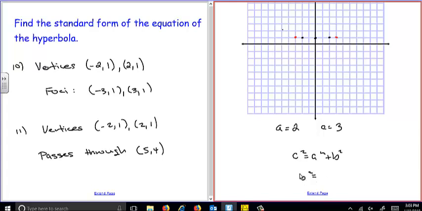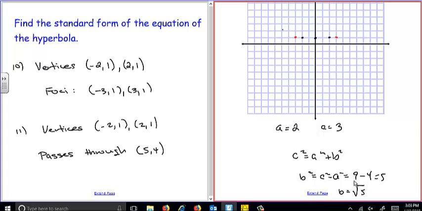So b squared is equal to c squared minus a squared. Pardon me, c is 3, c squared is 9. a is 2, a squared is 4. So you get 9 minus 4, which is 5. So b squared is equal to 5, and b is equal to the square root of 5.